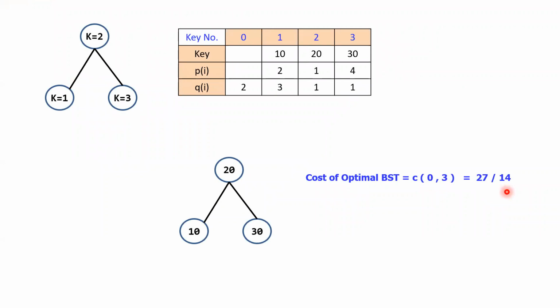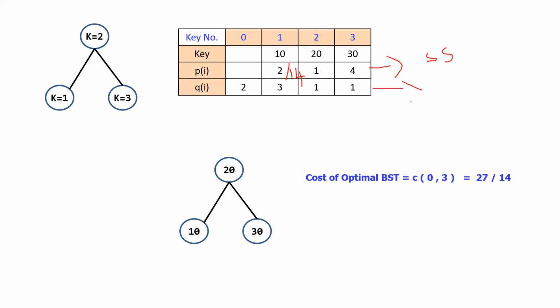Why am I dividing by 14? Because, as I said when starting to work out this problem, the information was that these will be probabilities. P of i represents the probability of a successful search.